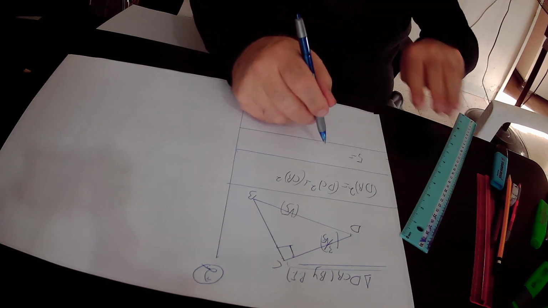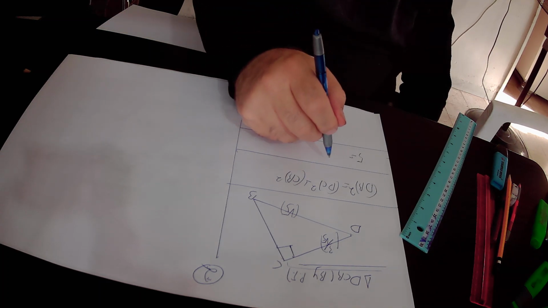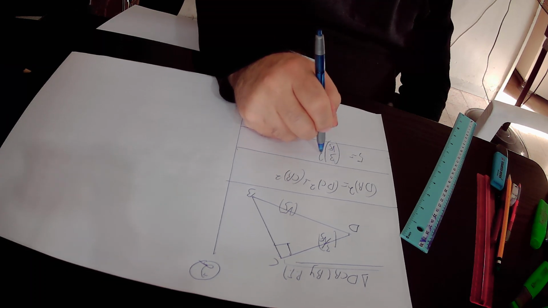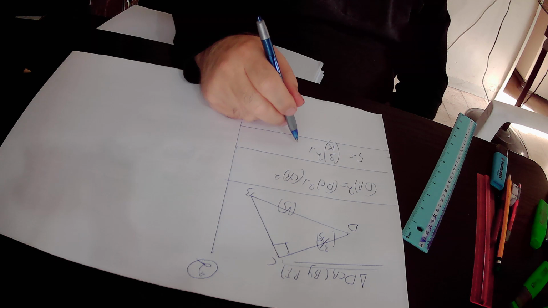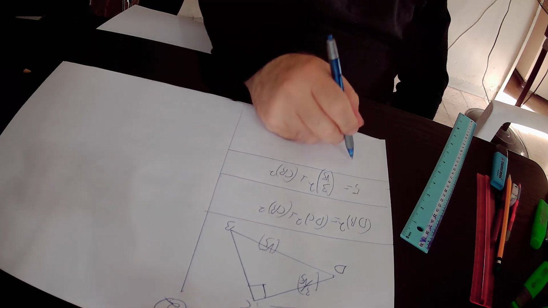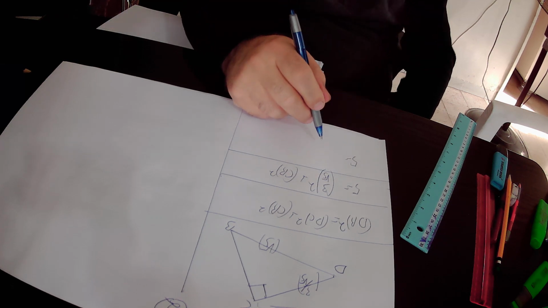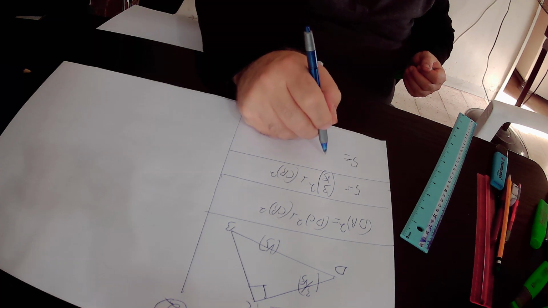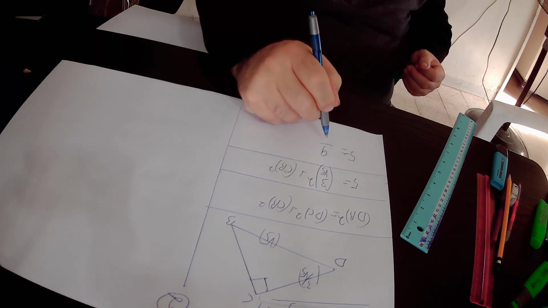DC is 3 over square root of 5, therefore DC square is 3 over square root of 5 squared, plus CB square. CB is the missing side, so we leave it as it is. So 5 equals 3 over square root of 5 squared. 3 over square root of 5 squared is 3 squared, that is 9, over square root of 5 squared, that is 5.